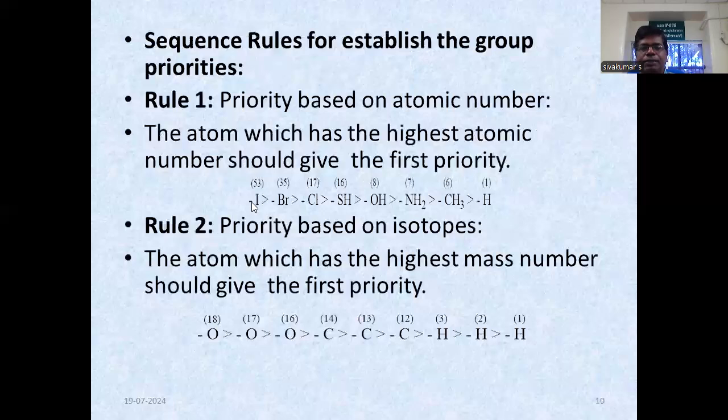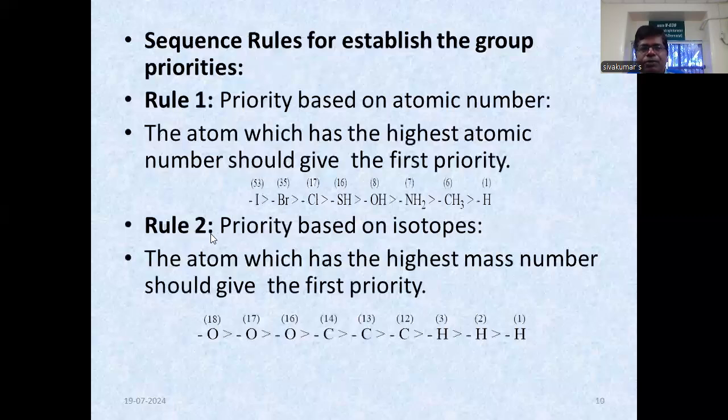So here different examples are given: iodine, bromine, chlorine, sulfur, oxygen, NH2, nitrogen, methyl carbon, hydrogen. Now we should find the atomic number of these elements. The element which has the highest atomic number should be given the first priority. Therefore, in this series, iodine takes the first priority.